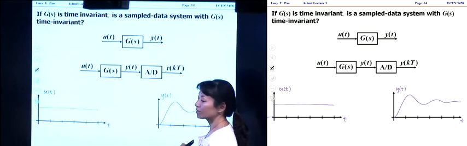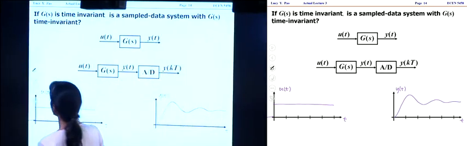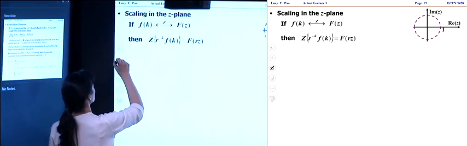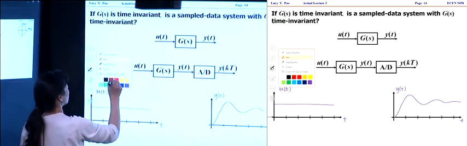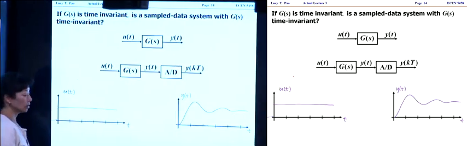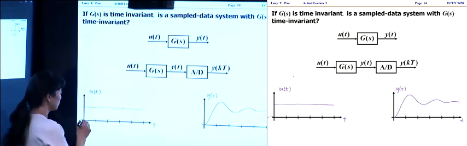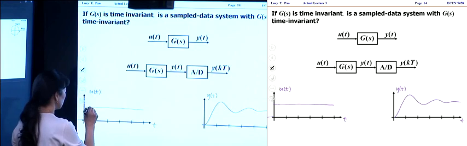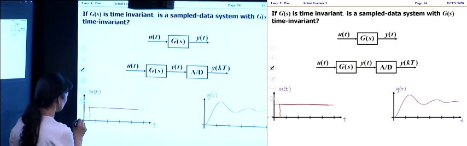All right, if it's time invariant, what does that mean? If G of s is time invariant, then say I shift U by some interval.